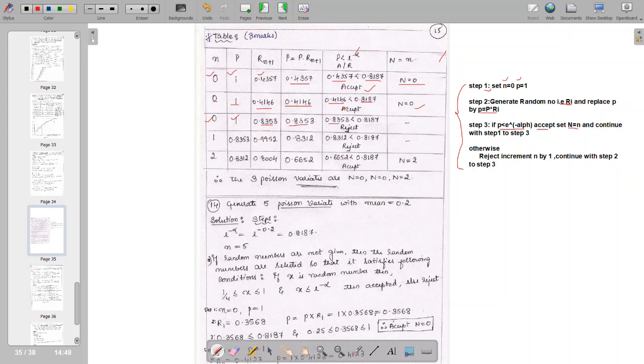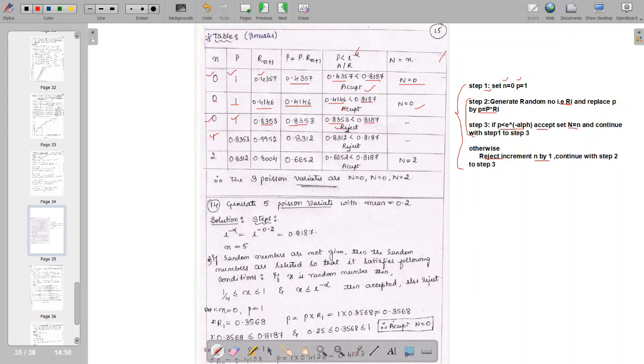Now, is 0.8353 less than e to the power of minus alpha? No, so reject it. Increment small n by 1. Small n was 0, now incremented by 1, small n became 1. Repeat this step from 2 to 3. Directly we have to go for step 2 to 3.